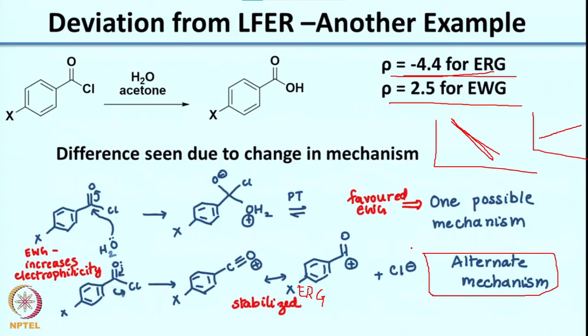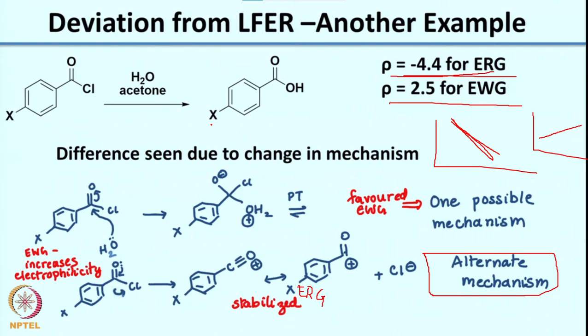Then we have discussed the deviation from the linear free energy relationship, and we observe that two types of mechanism are observed for the following reaction. Now we have two rho values, minus 4.4 and 2.5, for electron withdrawing. So which one is the possible mechanism for which Hammett constant?